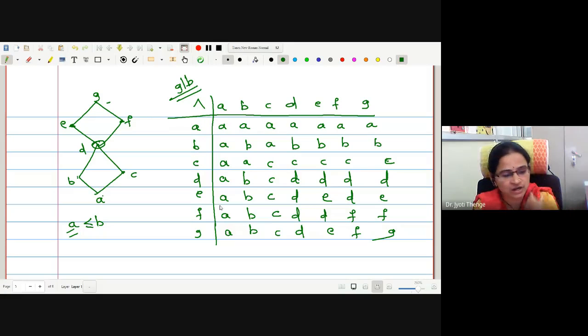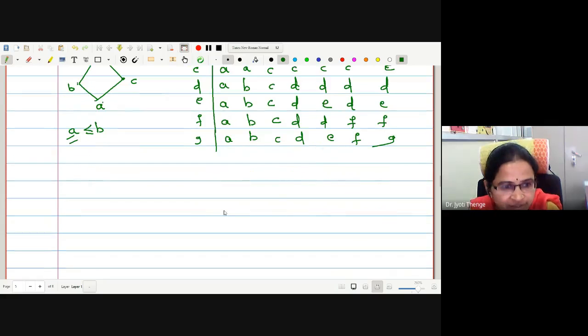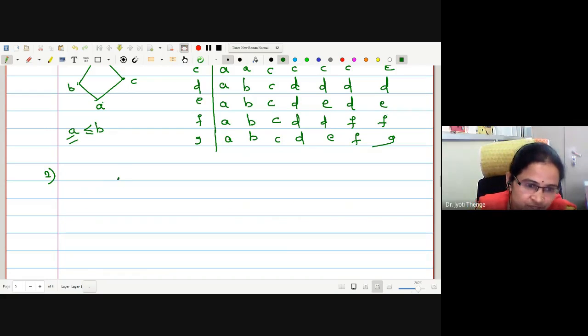Therefore here for every pair meet also exists. Therefore, this is a lattice. Now I'll give the homework. Another two Hasse diagrams I'll give you. You have to prepare both the tables. A, B, C, D. One more I'll give you.